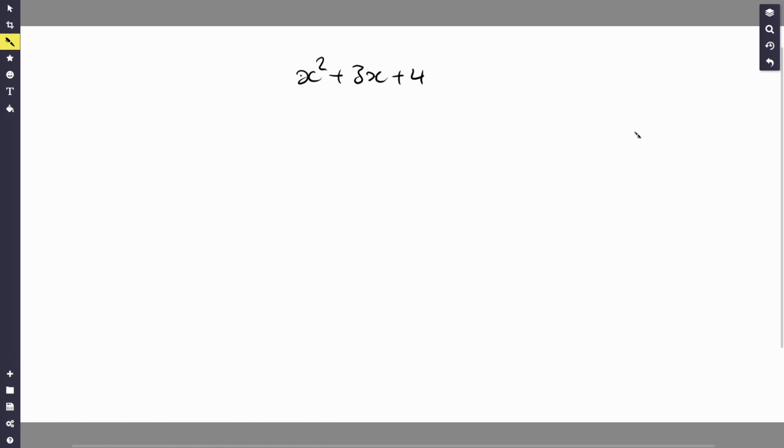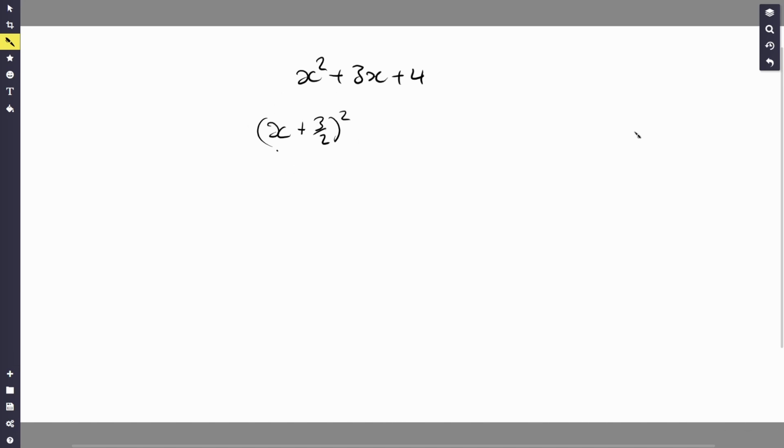To complete the square, we want to take this bit and say x plus a half of whatever this value is here. So plus a half of 3, so 3 over 2, and put that in brackets, squared.